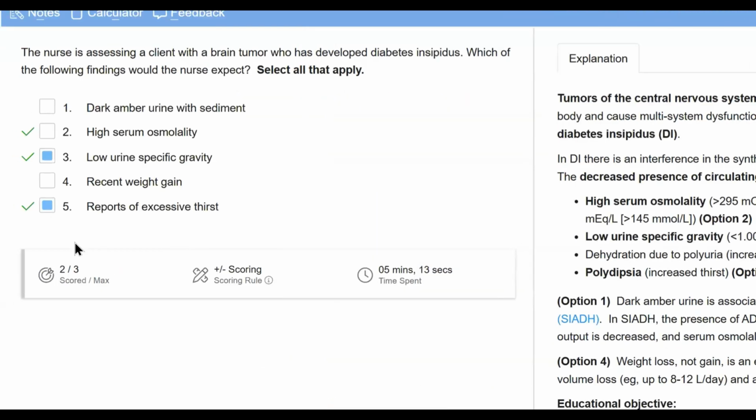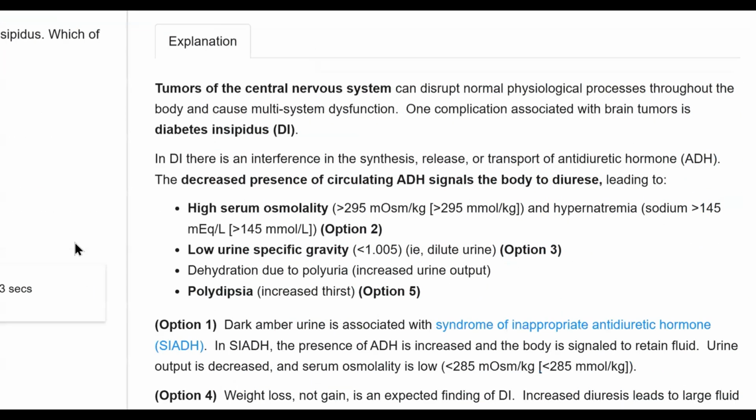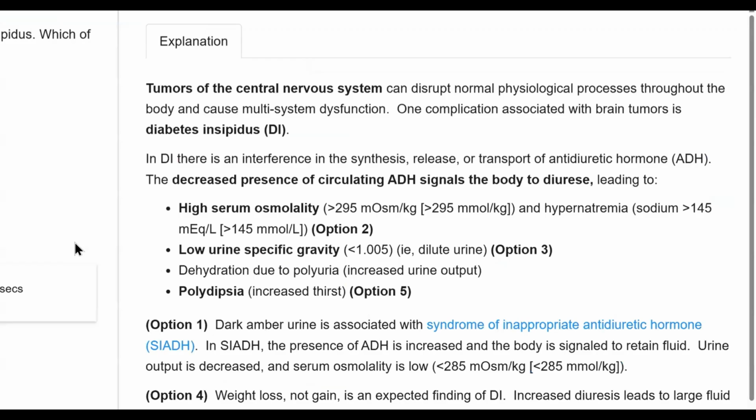So let's discuss. A tumor of the central nervous system can disrupt normal physiological processes throughout the body and cause multiple system dysfunction. So one complication that is associated with a brain tumor is diabetic insipidus. In DI, there is an interference in the synthesis, release and transport of antidiuretic hormone, that is ADH.